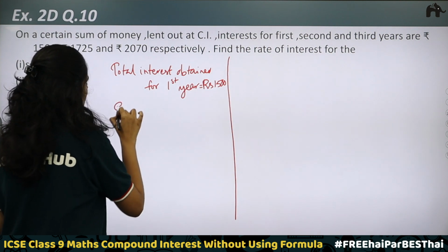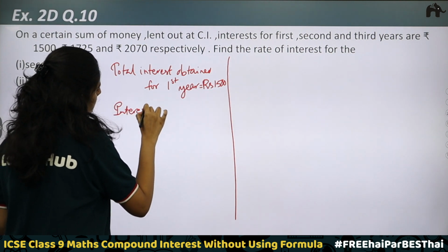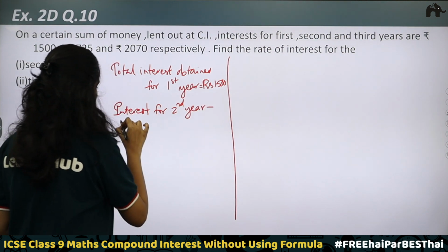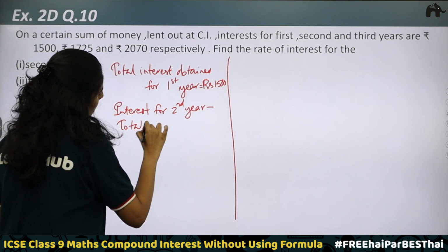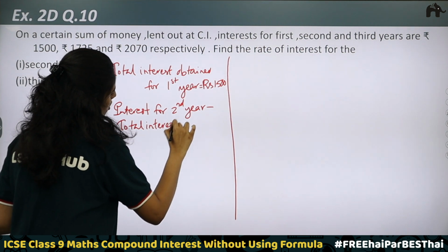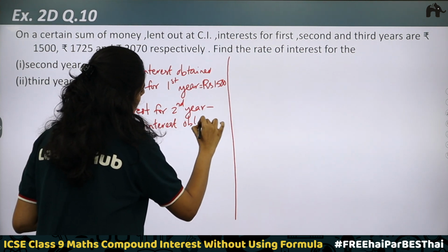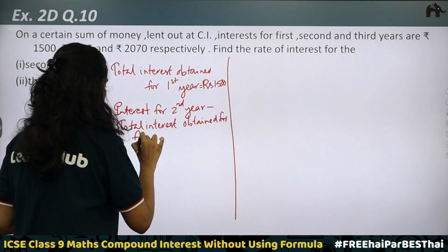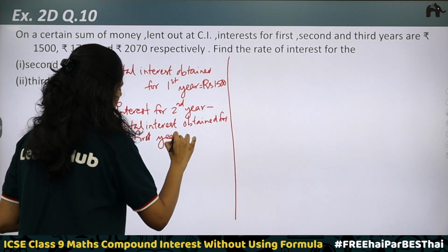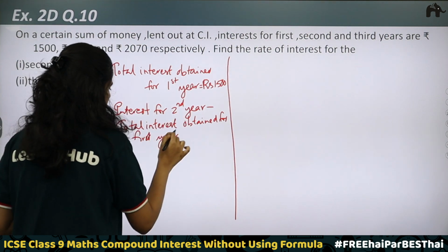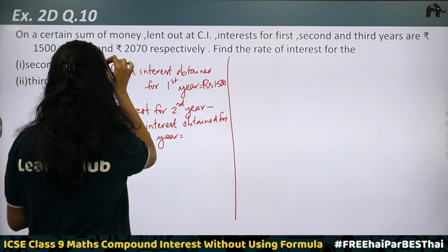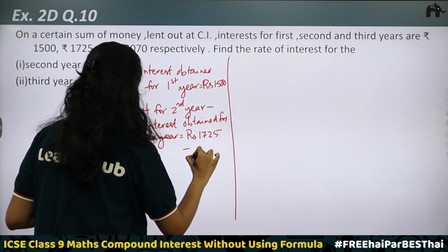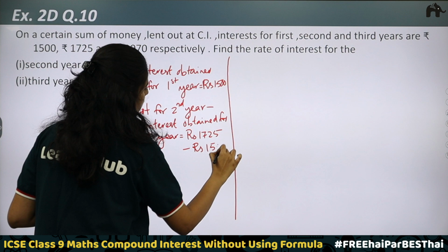Now interest for second year minus total interest obtained for first year will give you an interest that is equal to, when you subtract, rupees 1,725 minus rupees 1,500.